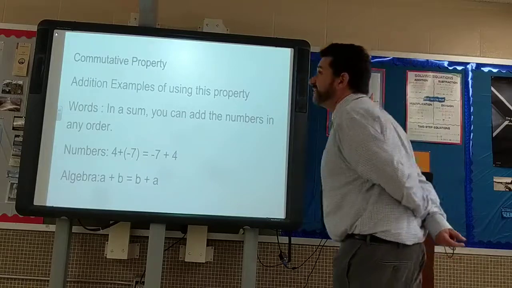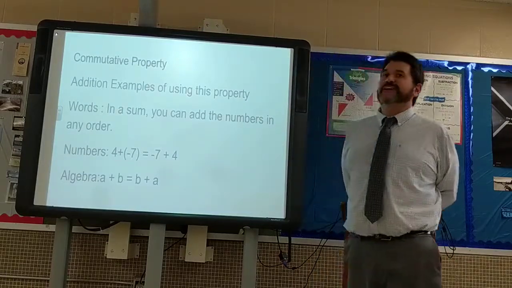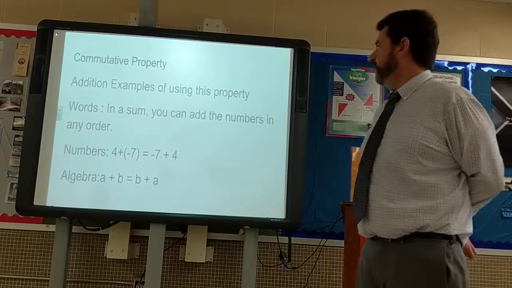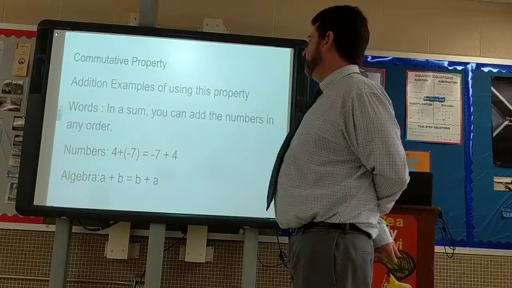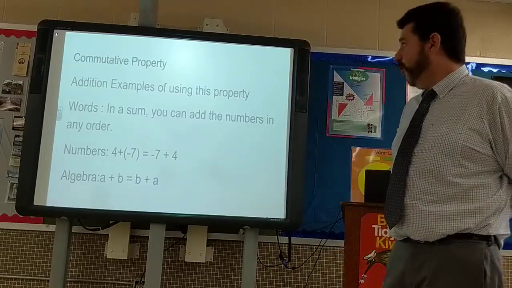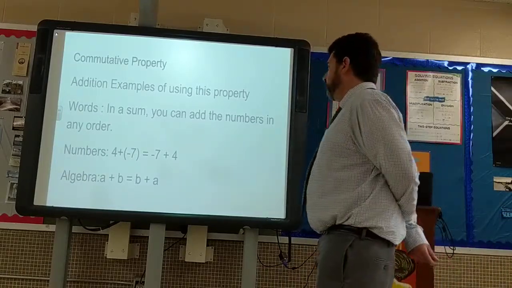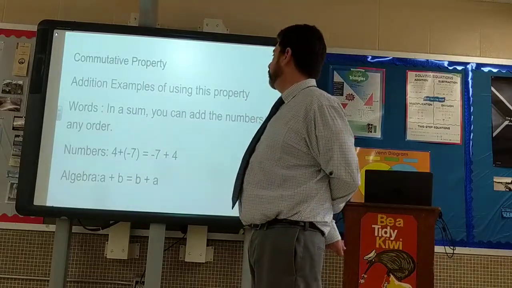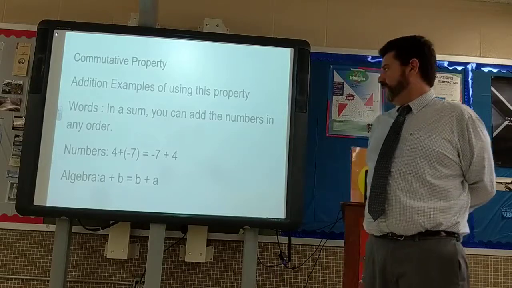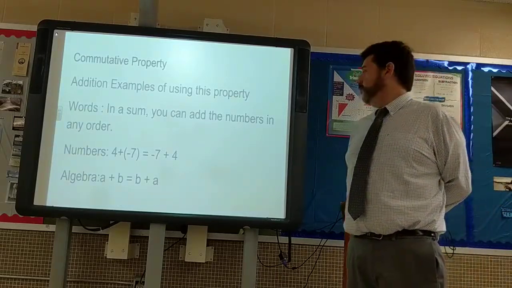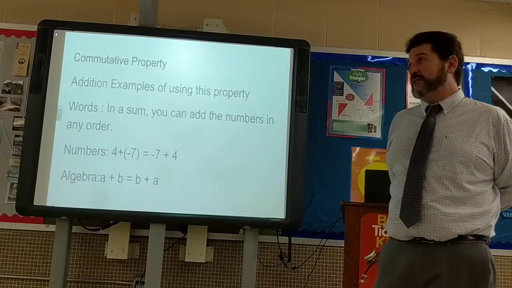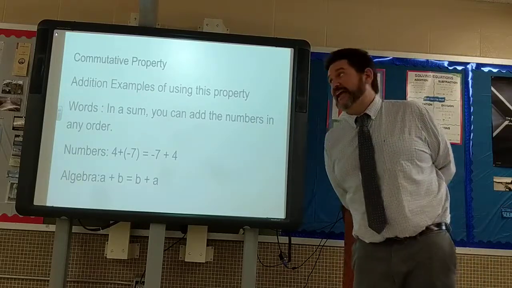For example, 4 plus negative 7 is going to get you the same thing as negative 7 plus 4. If you do that algebraically, a plus b will give you the same thing as b plus a.